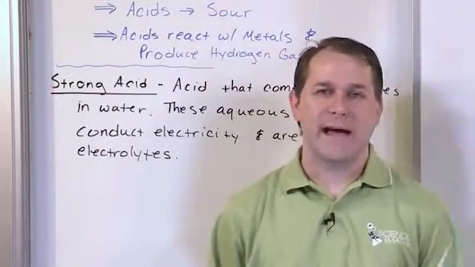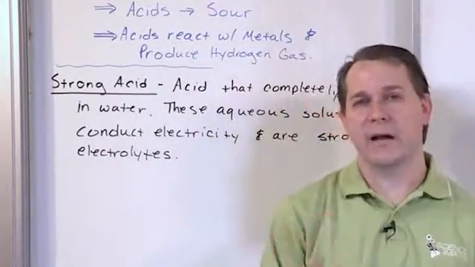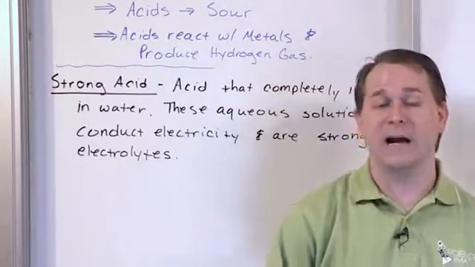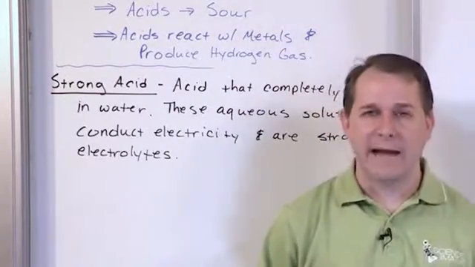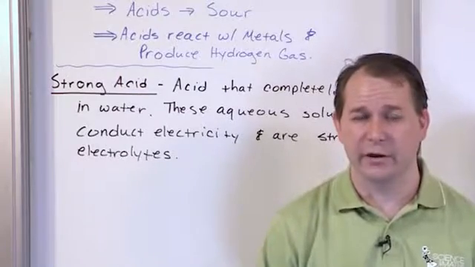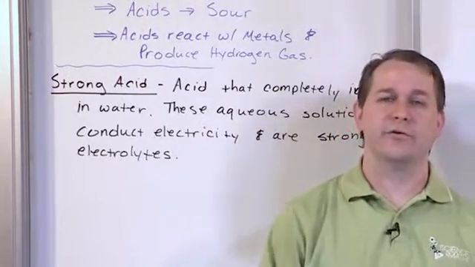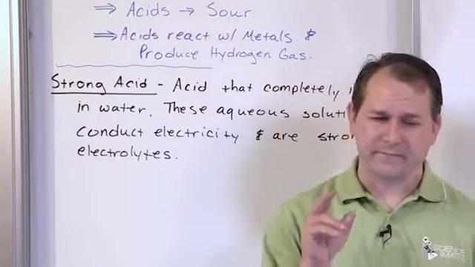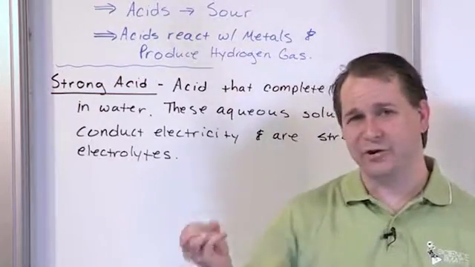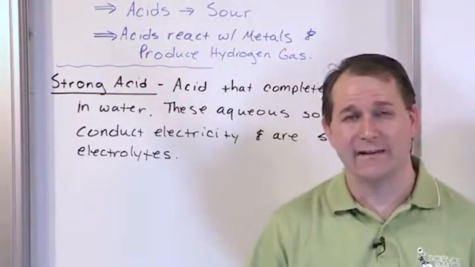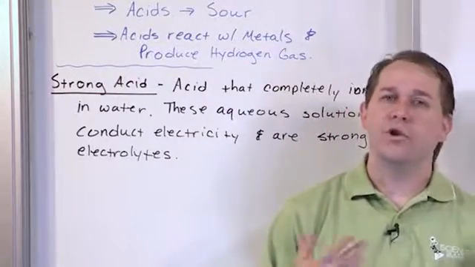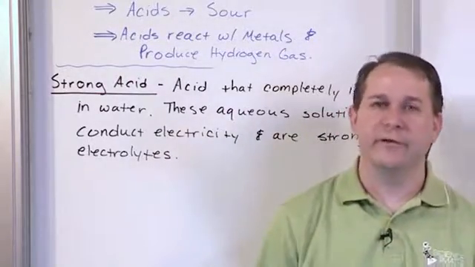A good example of a strong acid that you'll have a lot of discussions about in your class would be hydrochloric acid. It's a common acid. It's actually a stomach acid also. And it's a common acid that you'll use in your chemistry labs. The way you make it is you take this hydrogen chloride gas, HCl gas, and put it in water, and when you do this, it immediately starts to dissociate and break down.